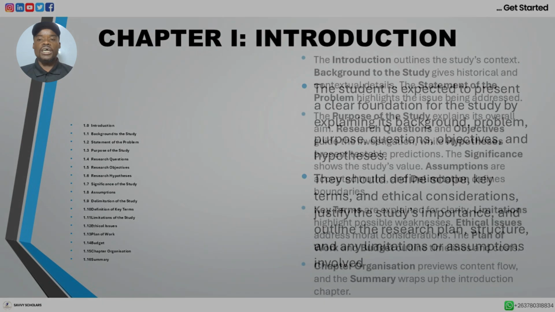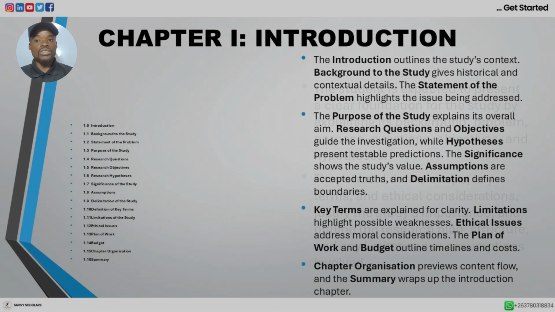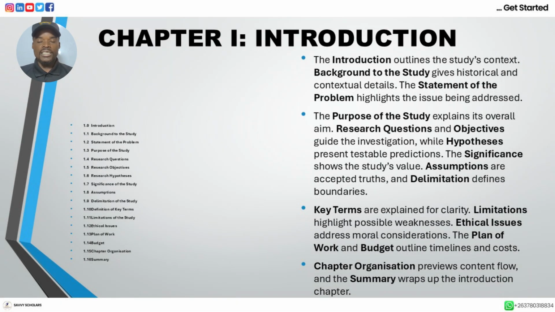The introduction outlines the study's context. The background of the study gives us the historical and contextual details. The statement of the problem highlights the issues being addressed. What is it that you are addressing in this research?